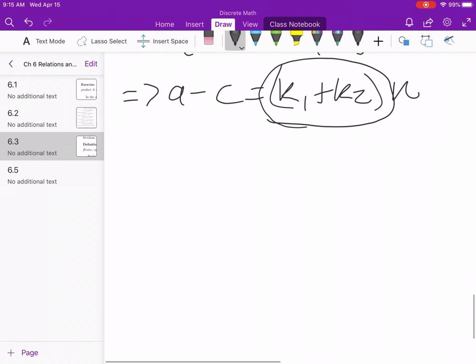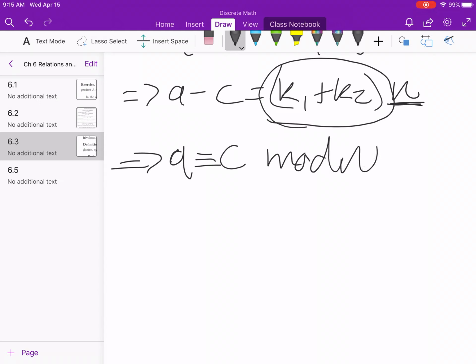So the sum of two integers is going to give me an integer. So I know that the value k1 plus k2 is an integer. So in fact, I have found an integer value, k1 plus k2, such that the difference of a and c is equal to an integer times my modulus n. So this implies that a is congruent to c mod n.